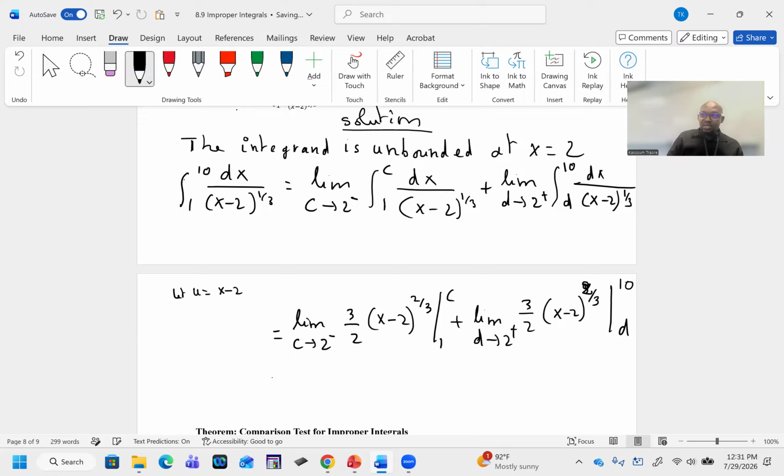So this will be equal to what? 3 divided by 2. Since that's a constant, I'm going to factor that.